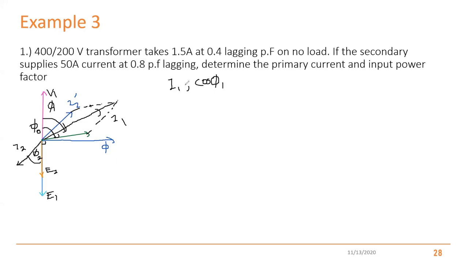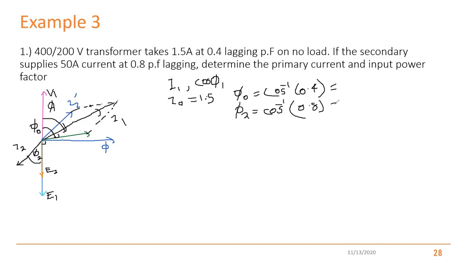It is given that the no-load current I naught is 1.5, and phi naught can be obtained by cos inverse 0.4. Phi 2 can also be calculated by cos inverse of the given 0.8 lagging.